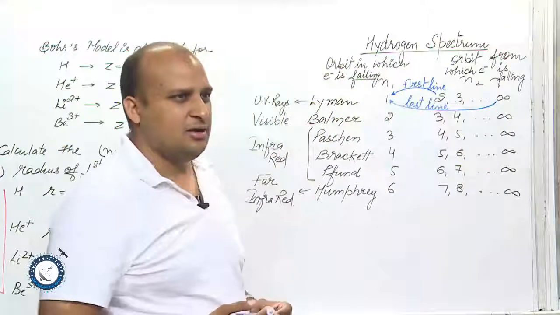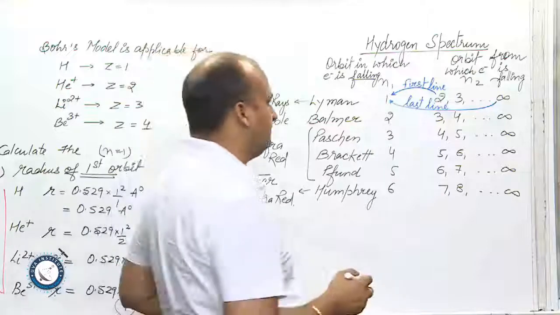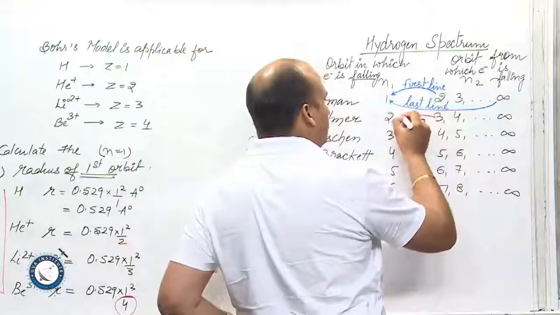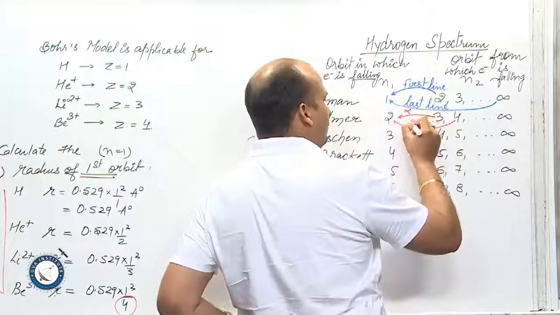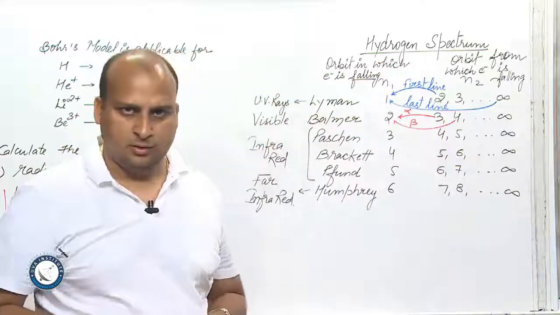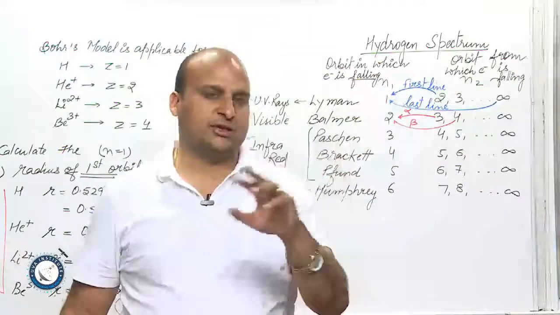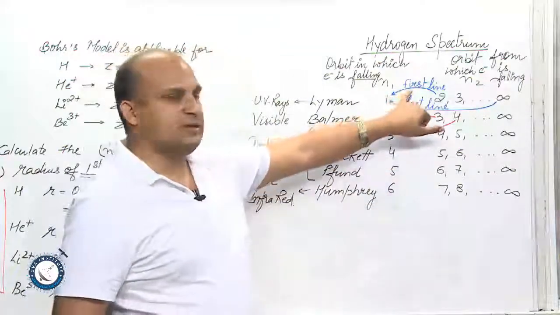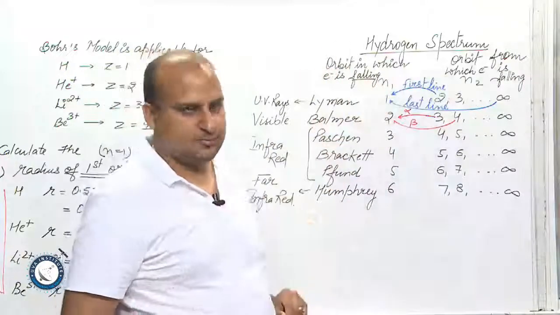Okay. Now, instead of using the term first line and last line, they can also say from 3 to 2, alpha line, 4 to 2, beta line, and so on. Alpha means first line, that is 3 to 2, the first line is alpha, the second line is beta, the third is gamma, like that they can say. Okay.